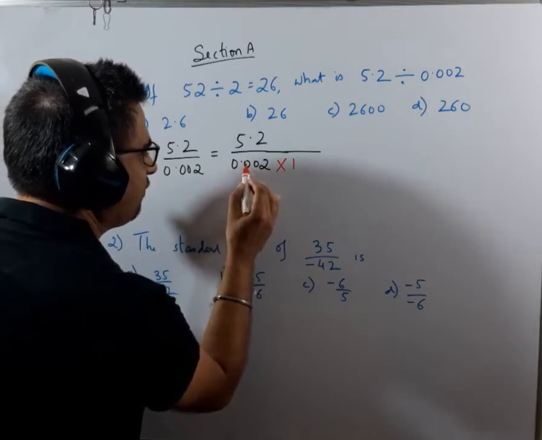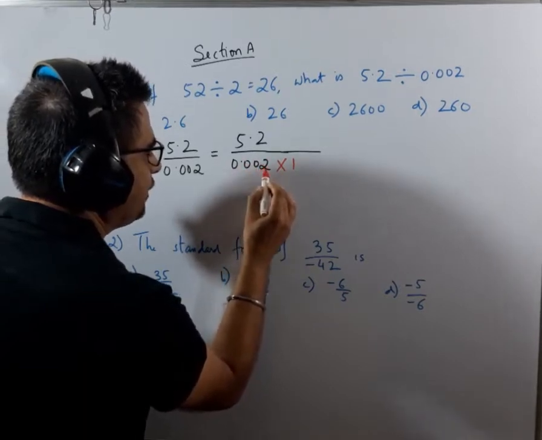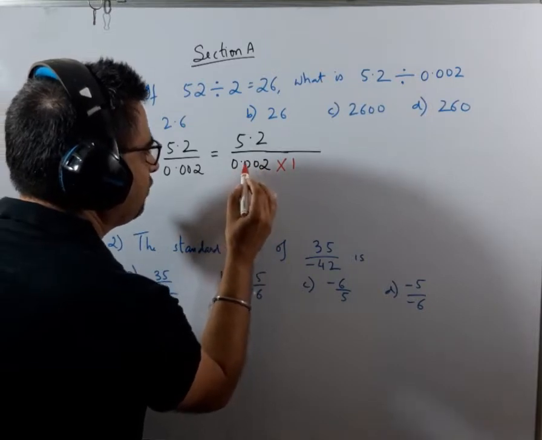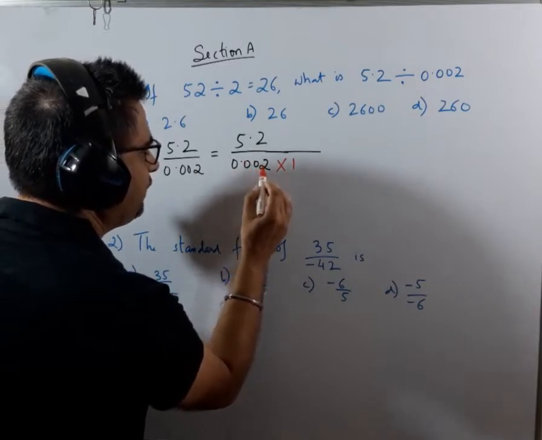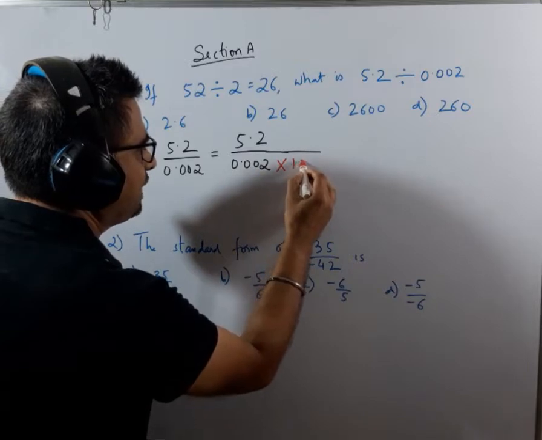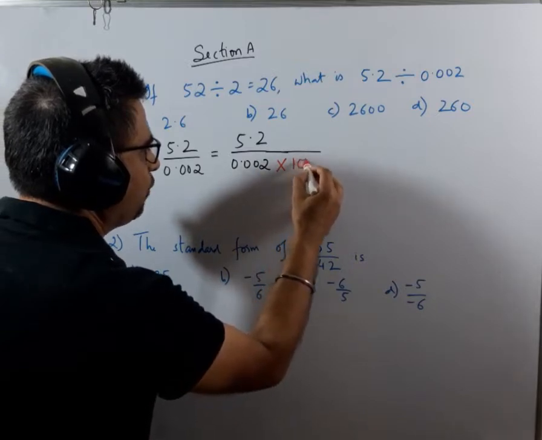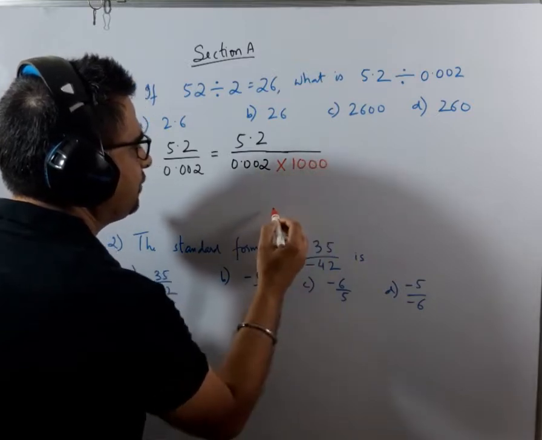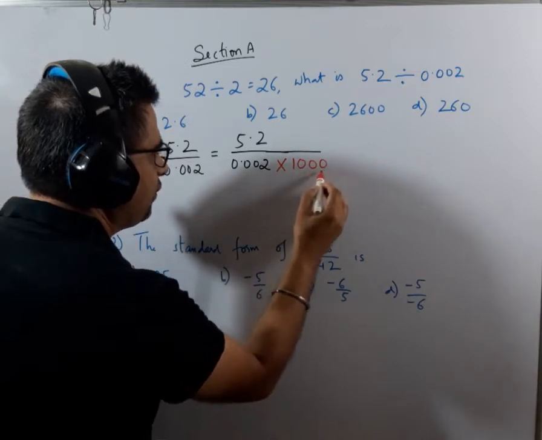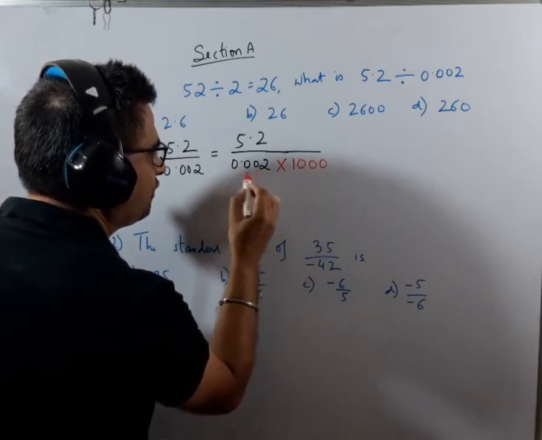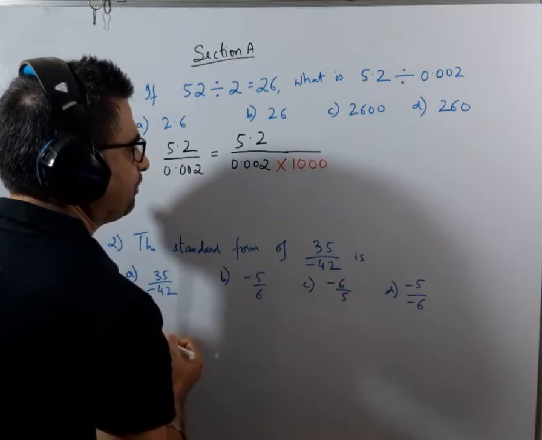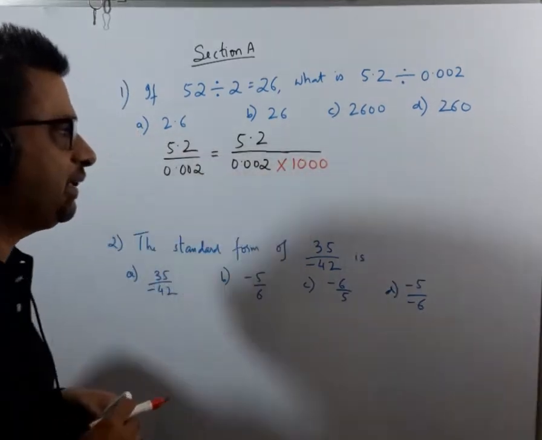In this case we have 1, 2, 3 digits to the right of the decimal, and therefore we have to multiply this by 1 followed by 1, 2, 3 zeros. Same number of zeros as the number of digits to the right of this decimal. So we multiply this by 1000.